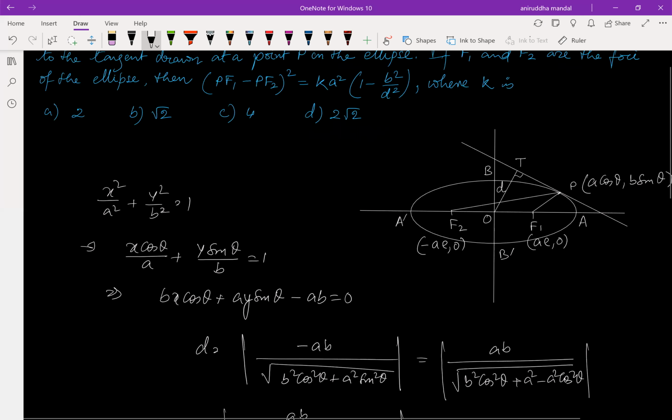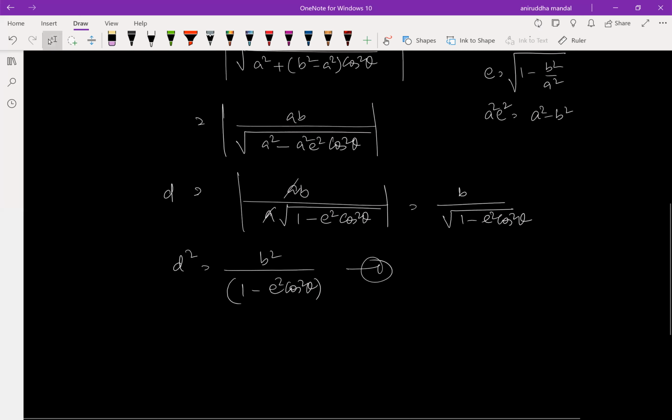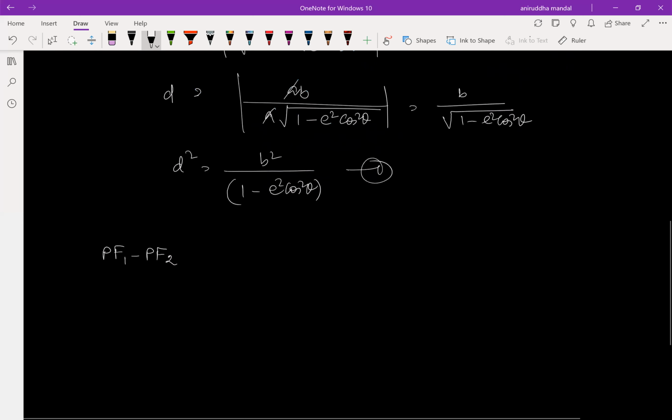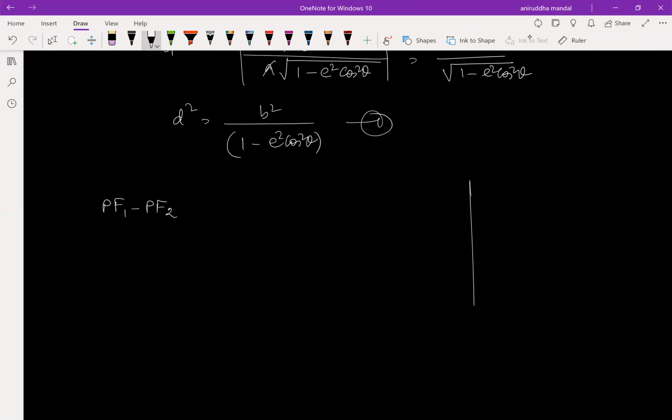We can write this in terms of b square by d square, which we will do later on. Now the left hand side is pf1 minus pf2. Let's draw the ellipse once again.